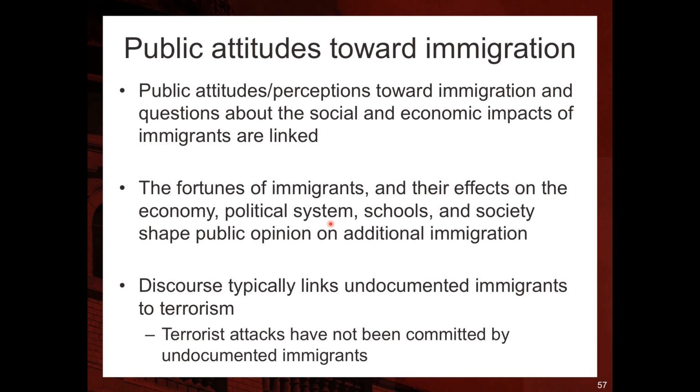And states that already have a high percentage of foreign-born population, as we saw in previous maps, tend to have a more positive perception of immigrants because they're already used to them, living close to each other, and they see the positive effects of immigrants on society as a whole.